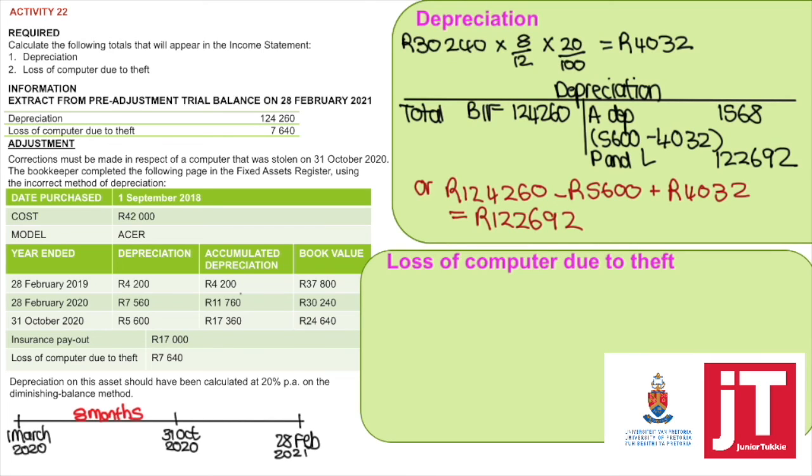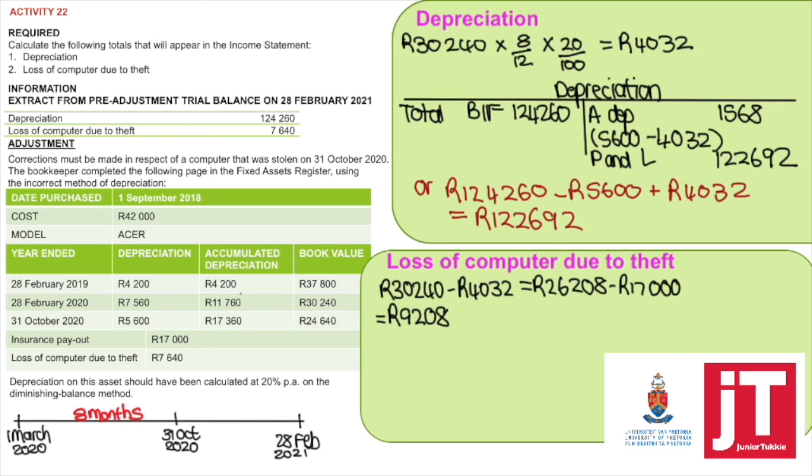Looking at the loss of computer due to theft, there's different ways in which we can approach this. If we take the book value in the beginning and we minus the correct depreciation, it means my book value should now be 26,208.